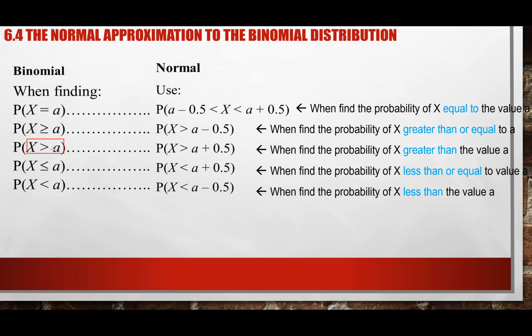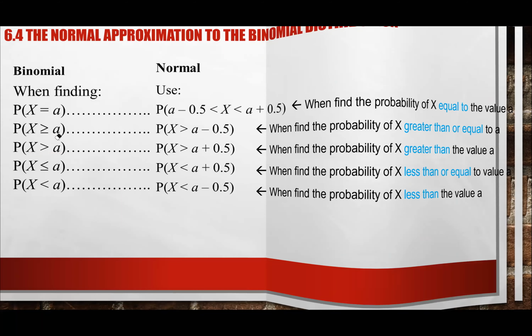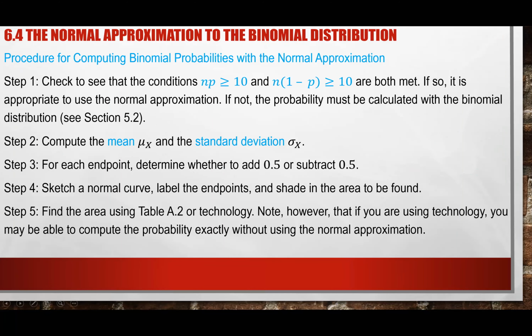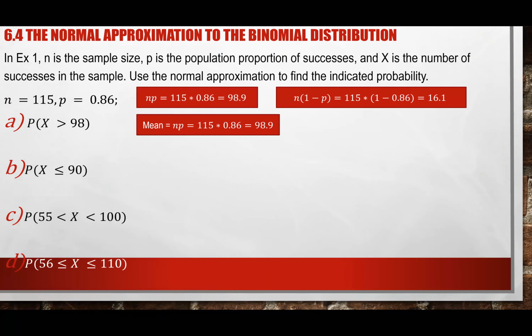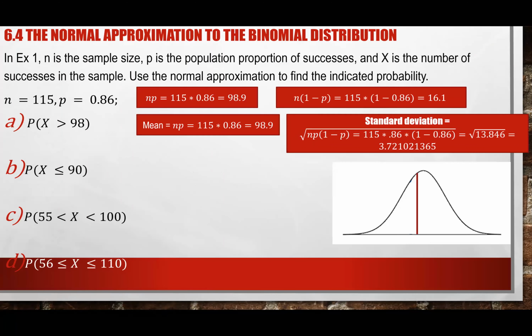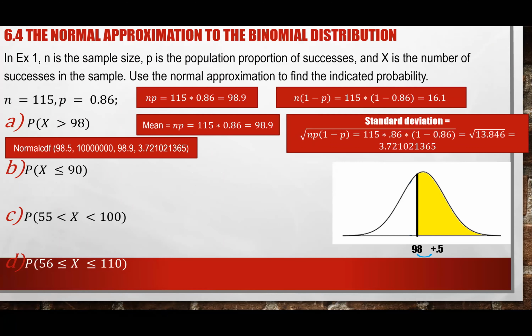Everybody see this concept, or this is what this chart tells you. However you identify it, go to the left, I subtract, go to the right, I add. Now your endpoint is not 98 but 98.5. That's the smallest endpoint, and the bigger endpoint is 10 million.